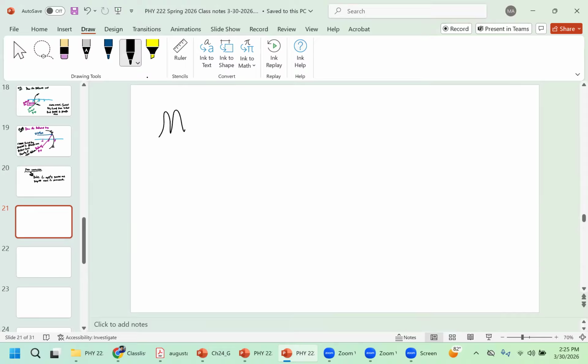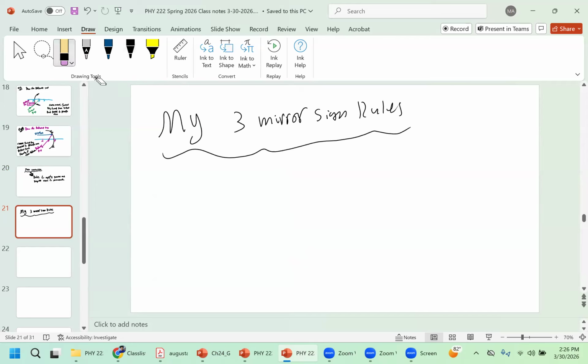I'm trying to figure out a cool name. My three mirror sign rules. And you know what? I'm going to take mine and we're going to call it Dr. Malik's three mirror sign rules. Okay. Rule number one.